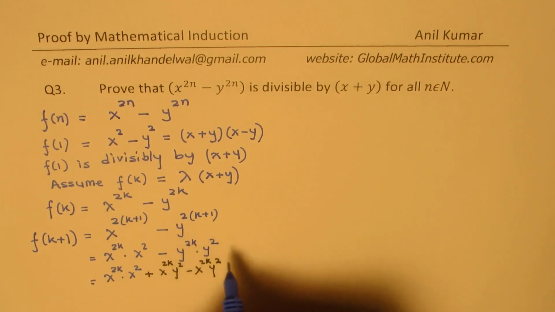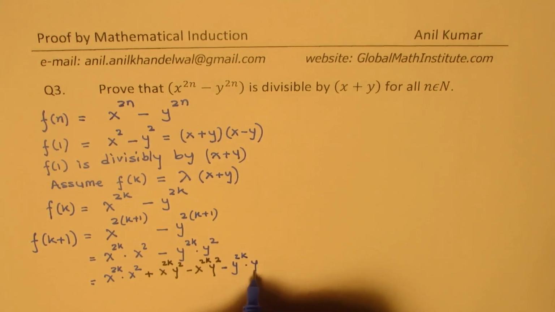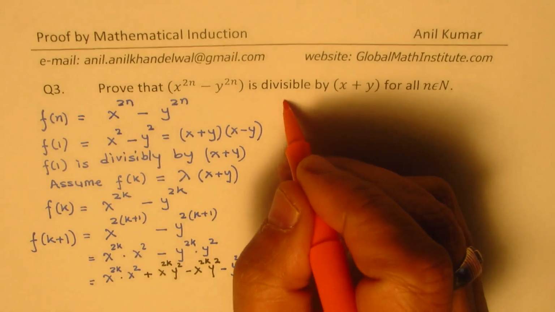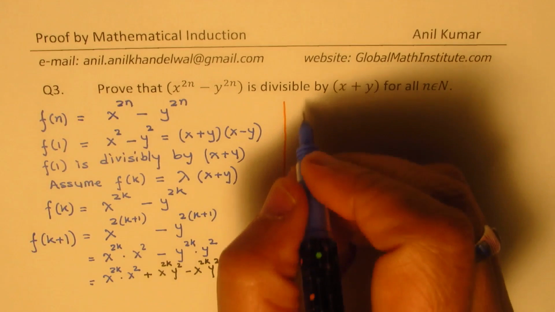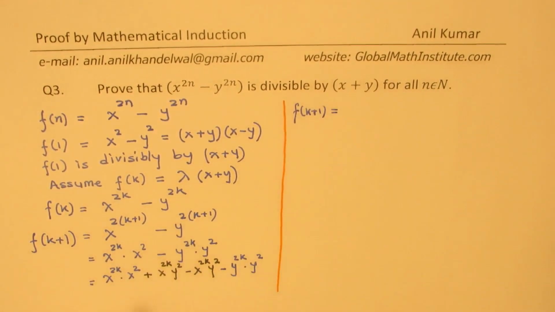And we already have the second term, which now becomes the fourth term, as minus y to the power of 2k times y squared. Perfect. Now from here, we can take common factors and then show that the given function is indeed divisible by x plus y. So we'll write this as f of k plus 1 as equal to.